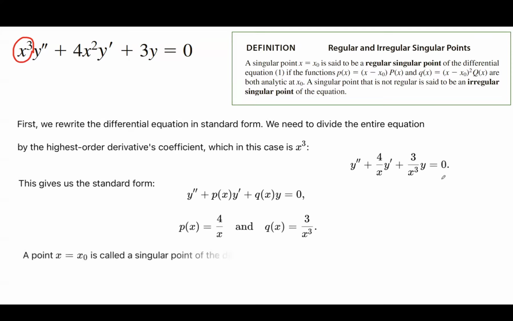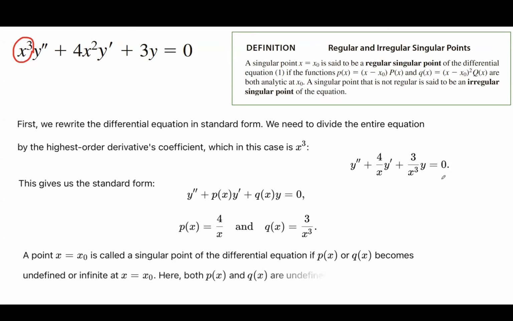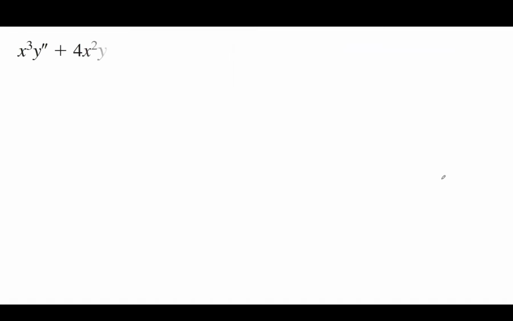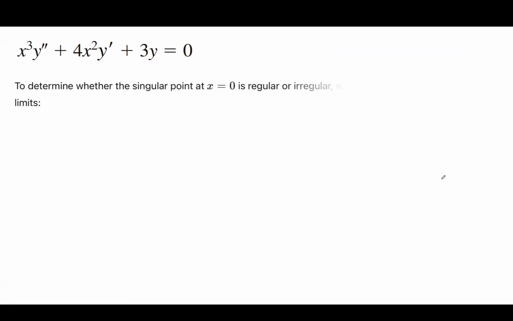Now, if you take the limit of each one of these multiplying by the linear expression and the quadratic expression, you're going to see that the limits are as follows. Then you can decide about being a regular singular point or irregular singular point. Take a look. To determine if you have a regular singular point, we need to find the limit of x times p(x) as x goes to 0. When you multiply p(x) by x, you get x times 4 over x, which is 4.